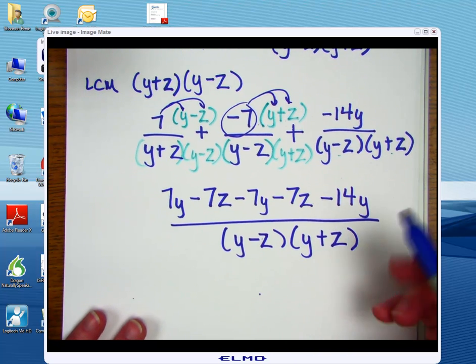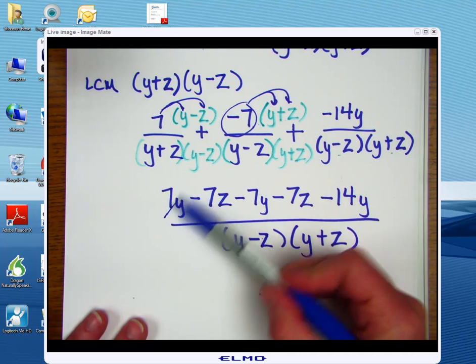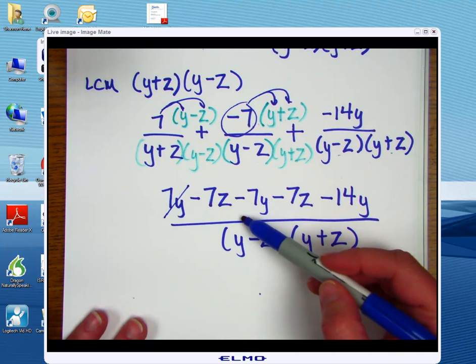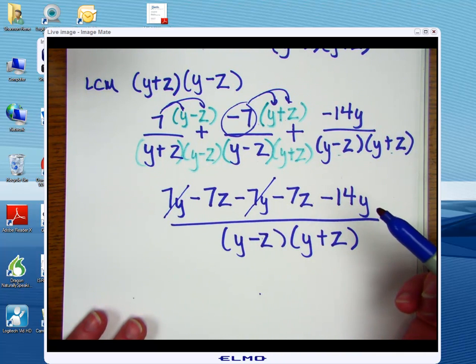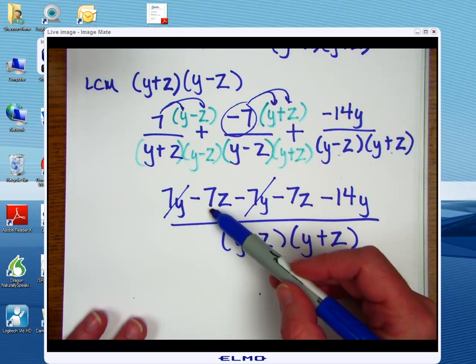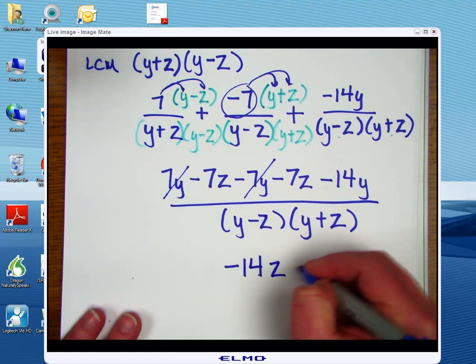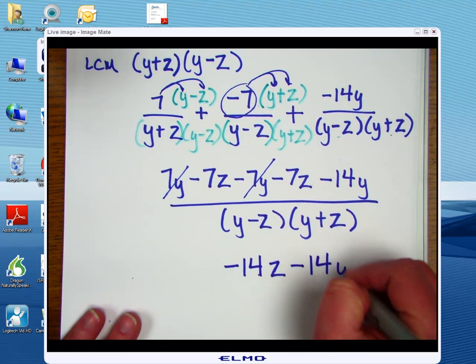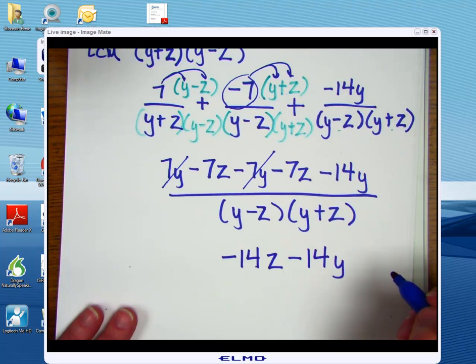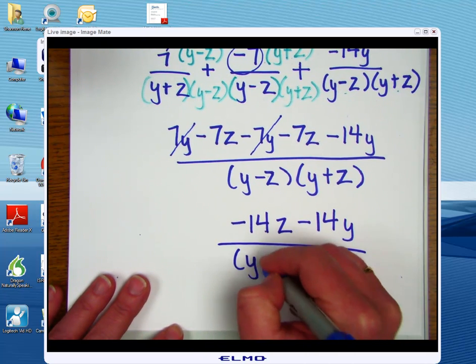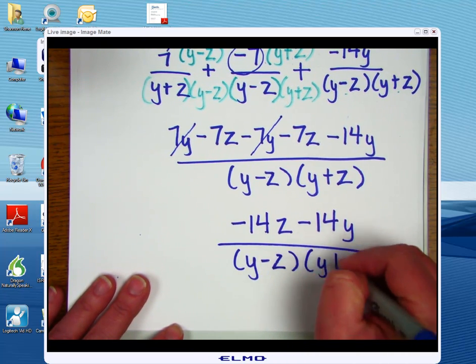Now in the numerator I want to collect like terms. Plus 7y and minus 7y cancel out, and over here I get negative 7z, negative 7z. So I'm left with minus 14z minus 14y, all over y minus z, y plus z.